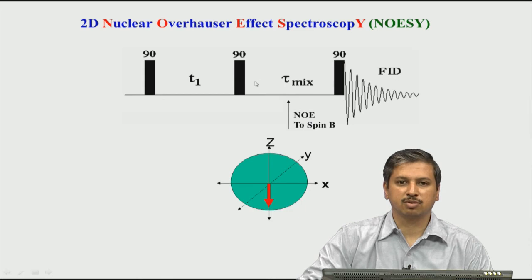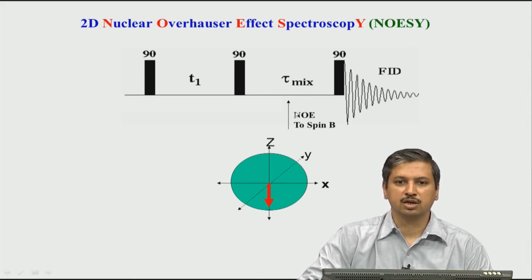So, this is basically the idea, that you allow a certain duration during which the spins mix with each other. And when we do that, after some time the magnetization has come to B, that is the minus z of one spin A has gone to minus z a little bit of another spin B.